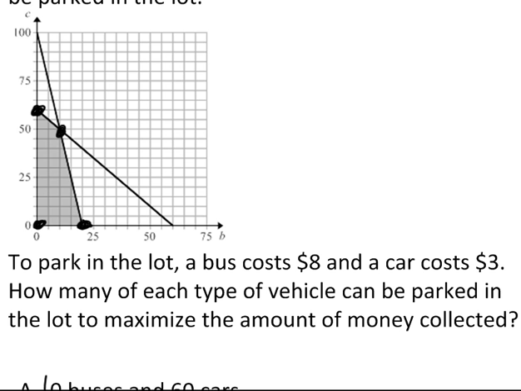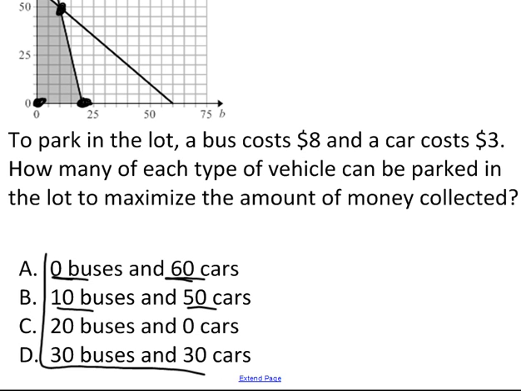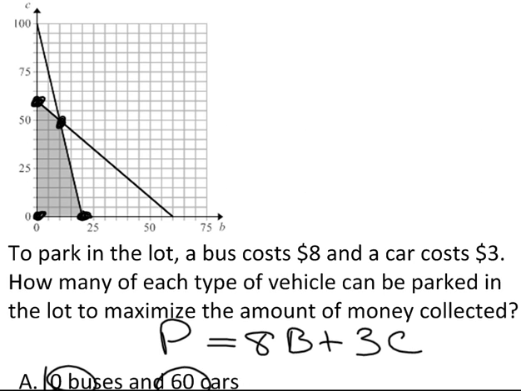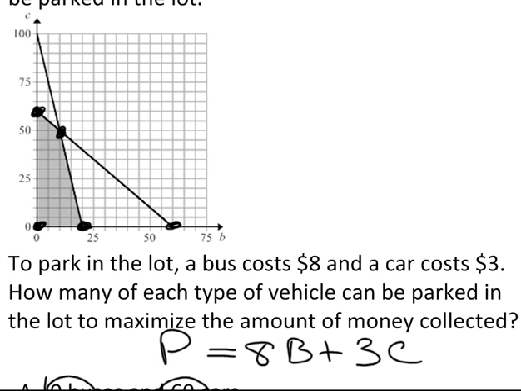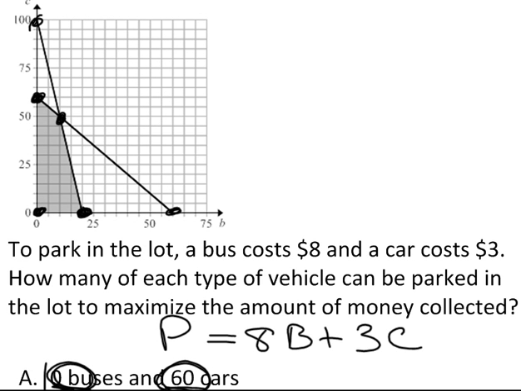So check and make sure when you plug these numbers into your profit function, 8 buses plus 3 cars, that you do not use a point like out here. Don't use this point right here. Make sure that the points that you check are actually one of these points on the shaded region.